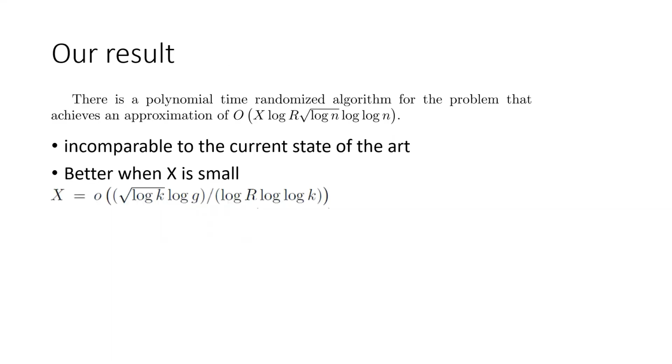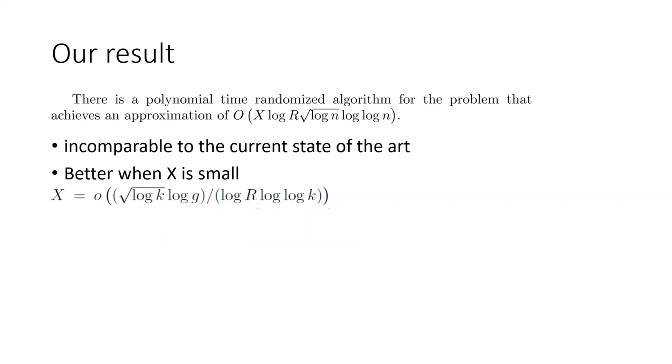In our work, we show a polynomial time randomized algorithm, and we achieve an approximation of X, which is the size of the biggest set, and then we have a factor of log R, where R is the same as before, the sum of all the requirements.